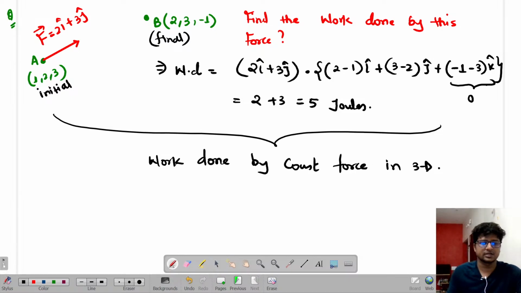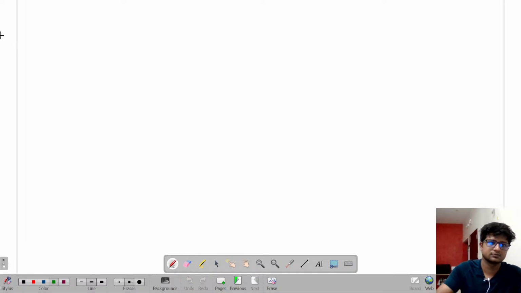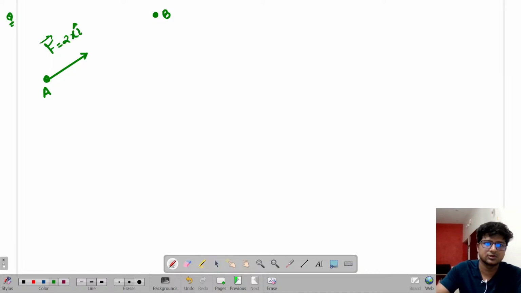Correct. Let's take another example. If I take a particle from A to B by a force 2x i cap plus y j cap, okay, and this A coordinate is at minus 1 comma minus 1, and B coordinate is at 2 comma 3.